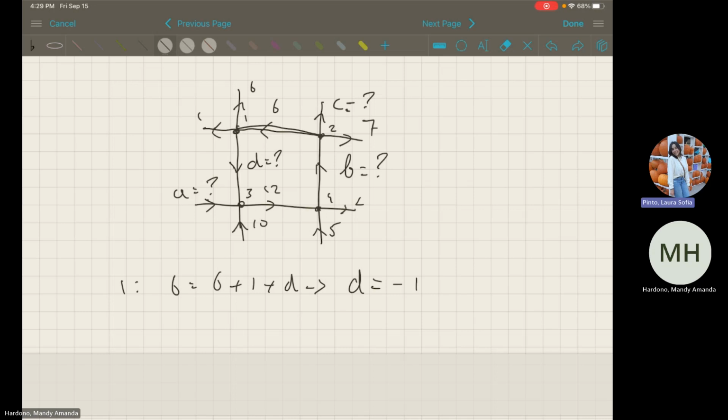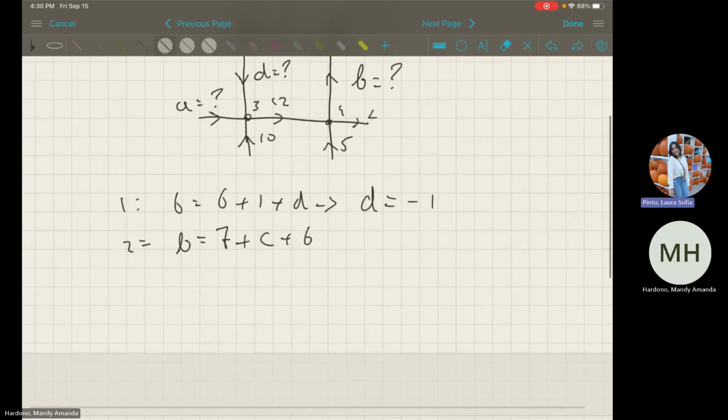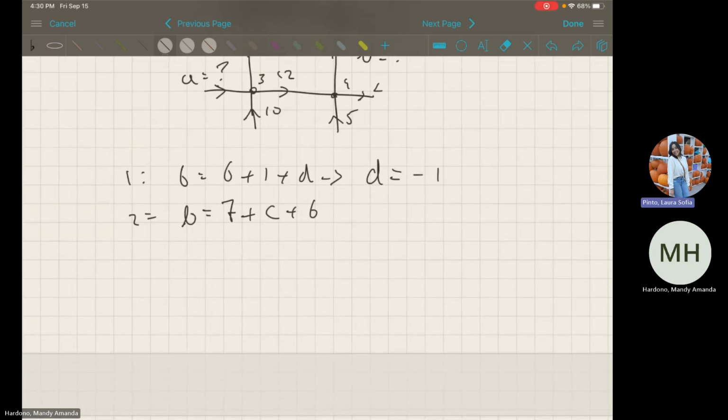Okay. So then you find the current at node number 2. If you have B entering it, 7 leaving it, plus C plus 6. Since you have 2 different variables in that, you would have to solve that later after finding B.